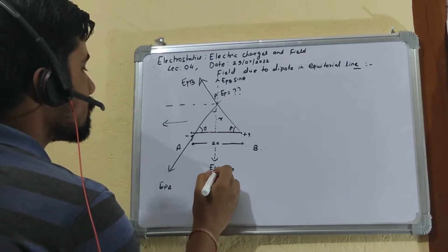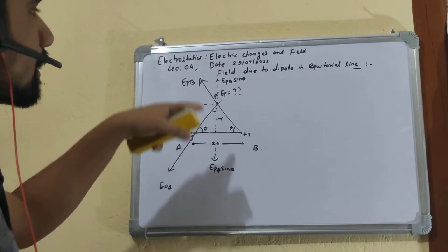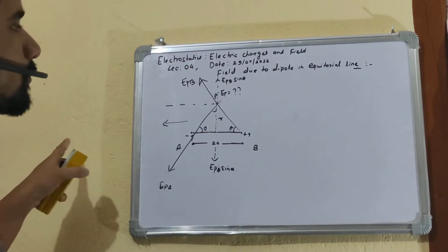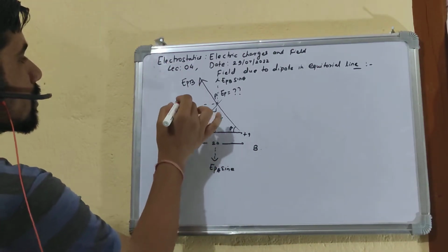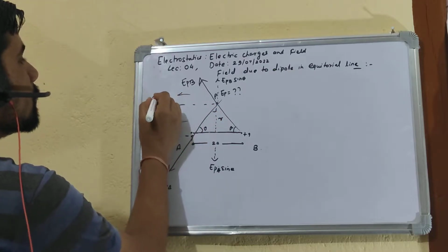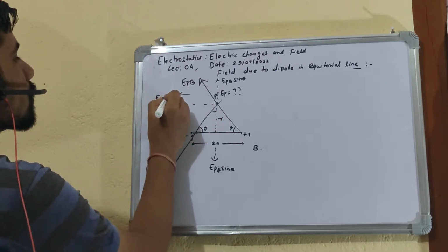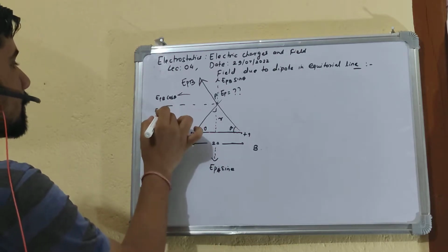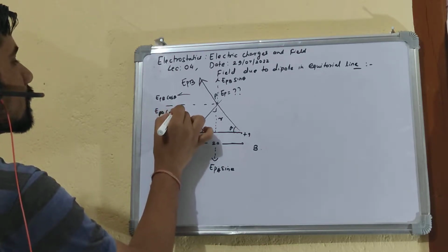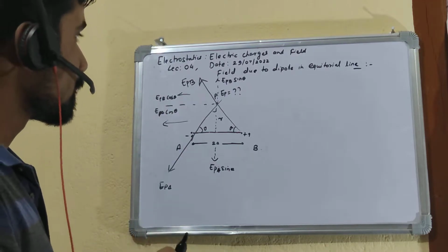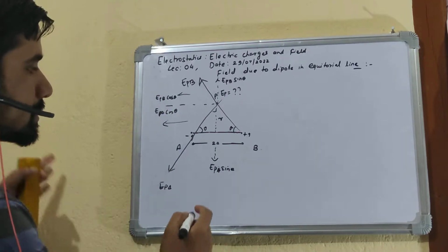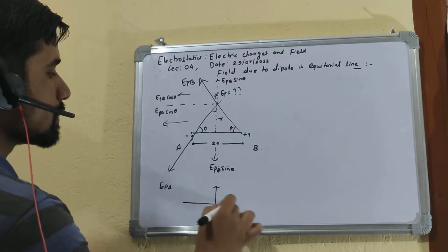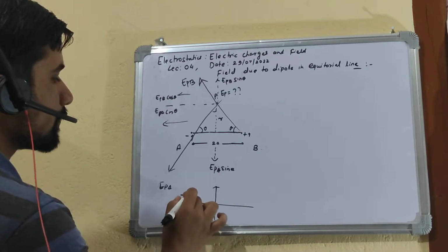So these vertical components will cancel out each other, and the component of interest is the horizontal component. One would be EPB cos theta and another would be EPA cos theta, right? If I take XY axes, the field is along the negative X axis.